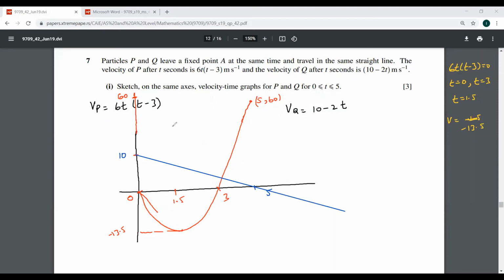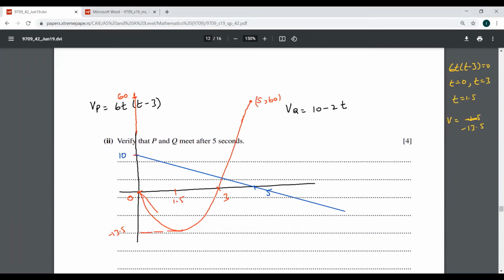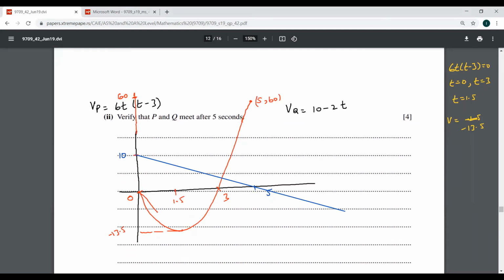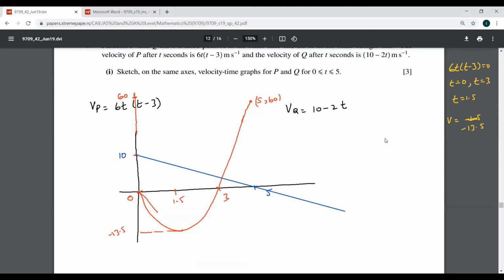So these are the two sketches here. Now let's go to the second part. Verify that P and Q meet after 5 seconds. How would you verify that P and Q meet after 5 seconds?